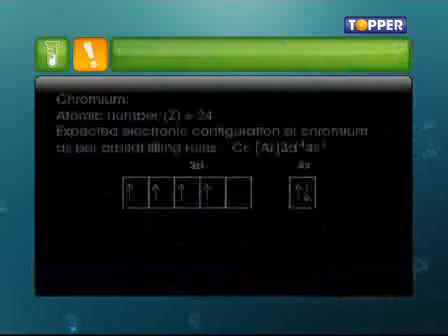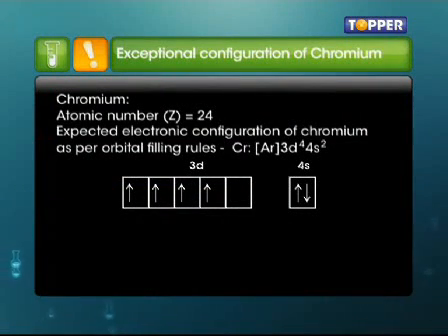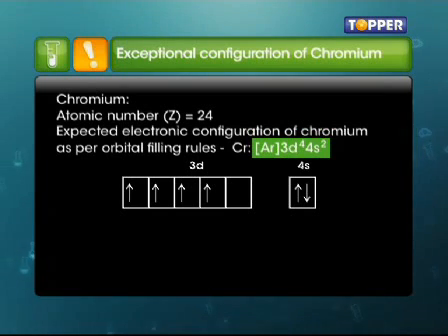Most elements follow the rules of configuration we have discussed so far, but there are some exceptions. Let's take a look at two such examples, chromium and copper. Chromium has an atomic number of 24 and the expected configuration would be [Ar] 3d4 4s2 as per the rules of filling orbitals.